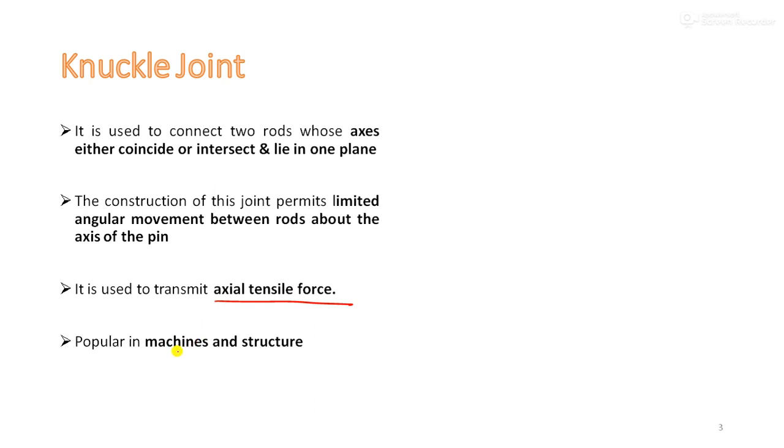Next, the construction of this joint permits limited angular movement between the rods about the axis of the pin. It is basically used to transmit axial tensile force. It is popular in machines and structures. Now let us understand the applications.